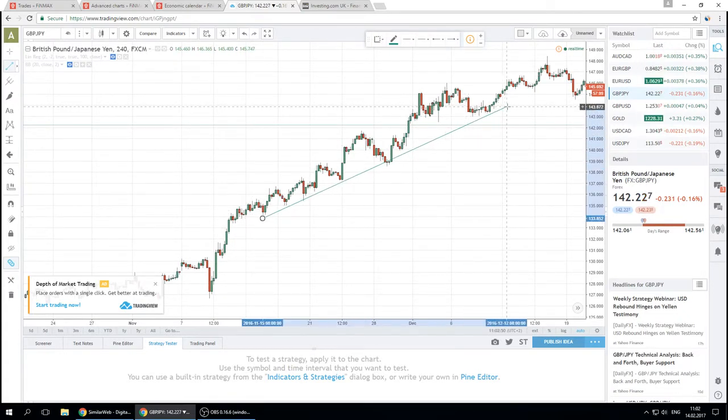And let's draw it through several hour candles. As you see, it's an uptrend line. So the market is moving up. The British pound is getting more expensive compared to the Japanese yen. Okay, so we see that it's going up and up.